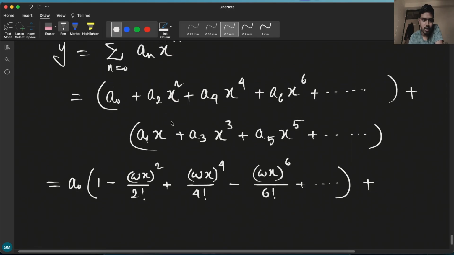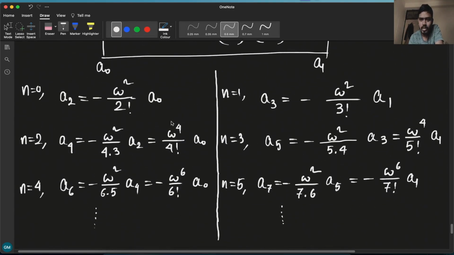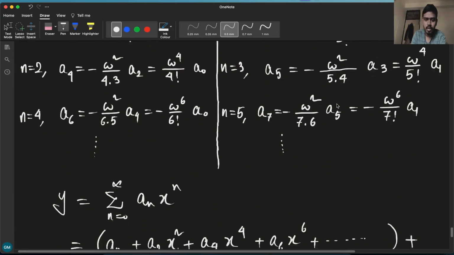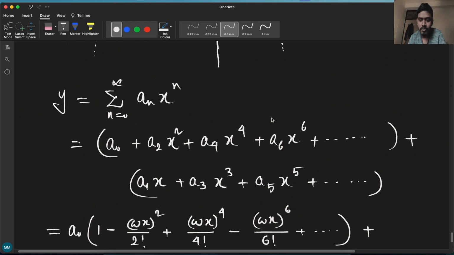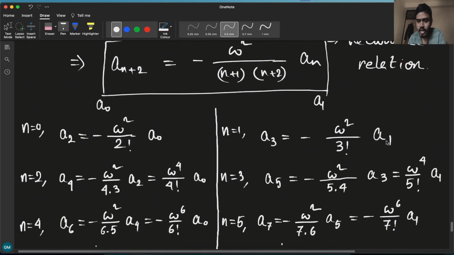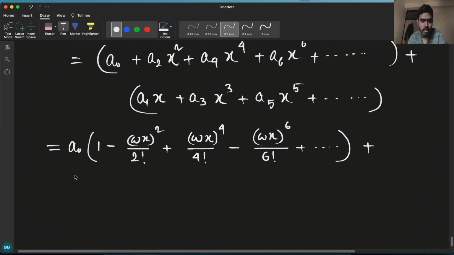for this a1, okay. So the first term is a1 times x. So we can see that for all the odd terms like a1, a3, a5, a7, there is an a1 multiplication factor. Then I can put this a1 outside.